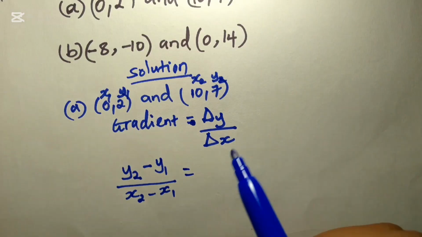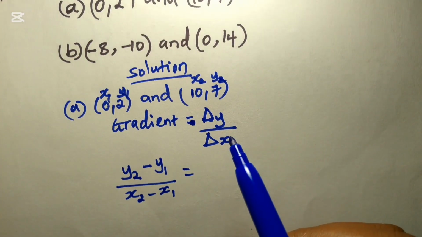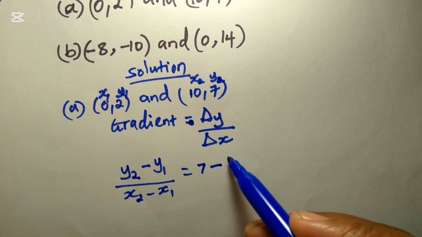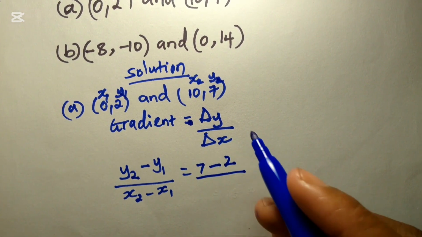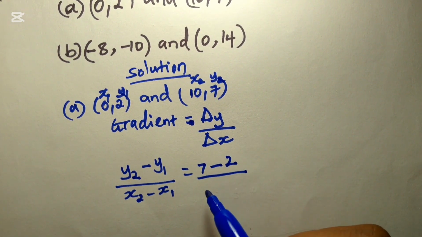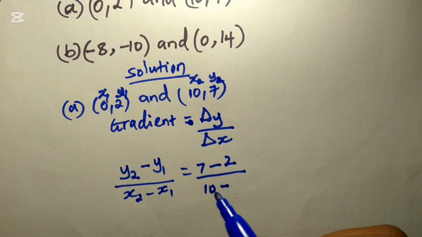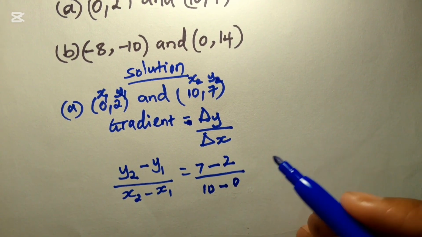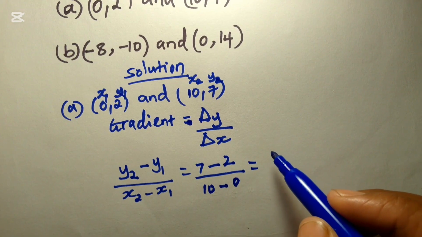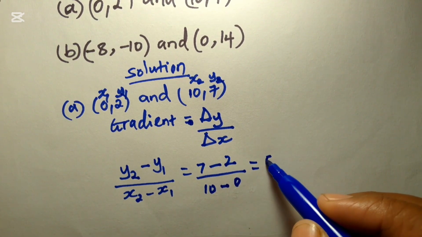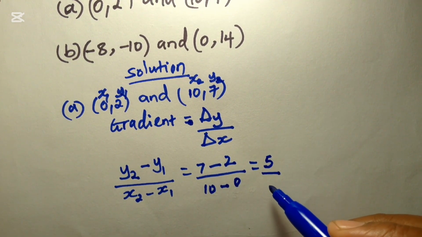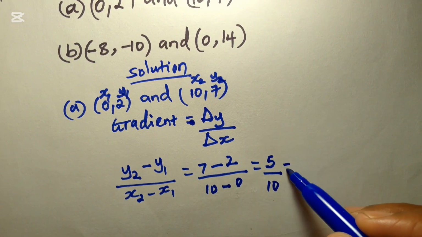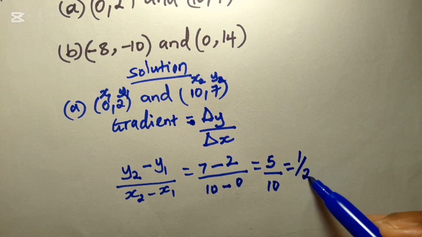This gives us y2 is 7 minus y1 is 2, over x2 is 10 minus x1 is 0. This is equal to 7 minus 2, which is 5, over 10 minus 0, which is 10, and this is equal to 1 over 2.